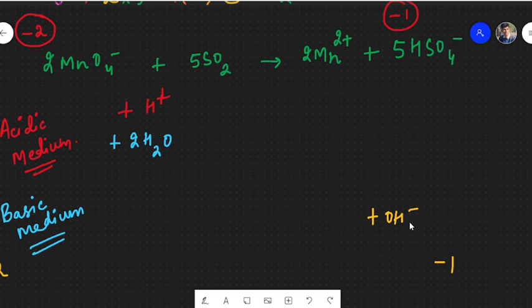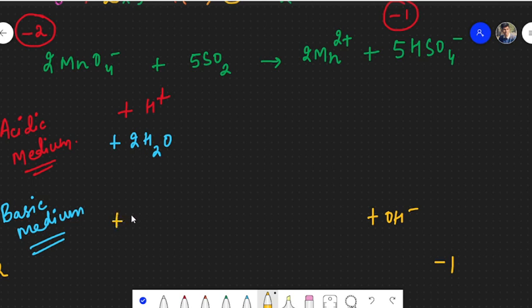Now to balance hydrogen we are going to add water molecules again. Here we have 5 hydrogen and this 1 hydrogen, so overall 6 hydrogen. To balance 6 hydrogen we are going to add 3 water molecules, because 3 into 2 is 6 hydrogen. Now let's calculate the number of oxygens.